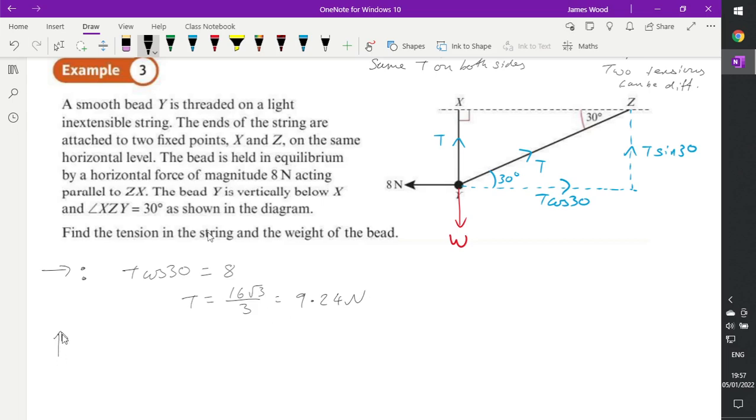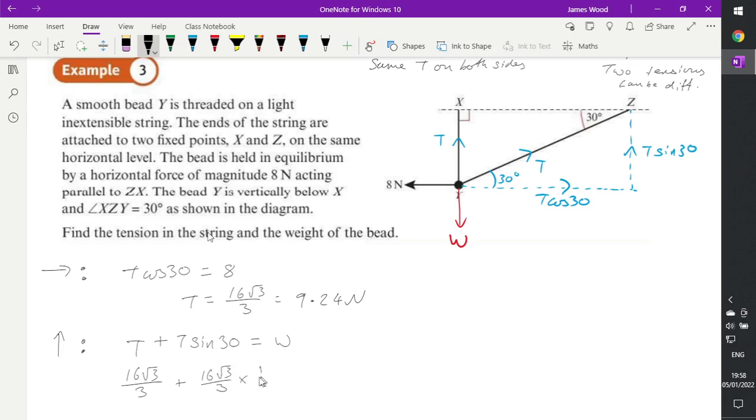Now if we do vertical forces, we have got T, so that's this one here, plus T sine 30. That must be equal and opposite to W. And we now know what T is. So we've got 16 root 3 over 3. I might as well use the accurate answer that I've got there.